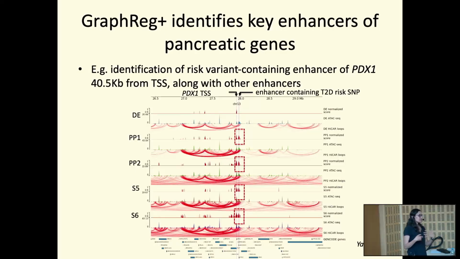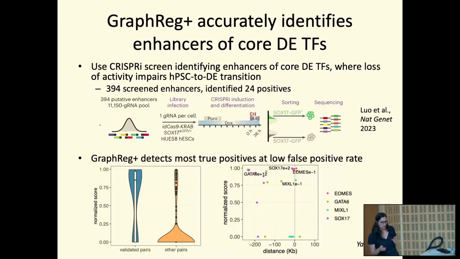Okay, so it's a modeling system that allows you to actually see enhancers connected to genes, important for regulating genes that are pretty far away. And we can look at fine mapped variants and try to associate them with genes and with cell types. Okay. One more slide on this.